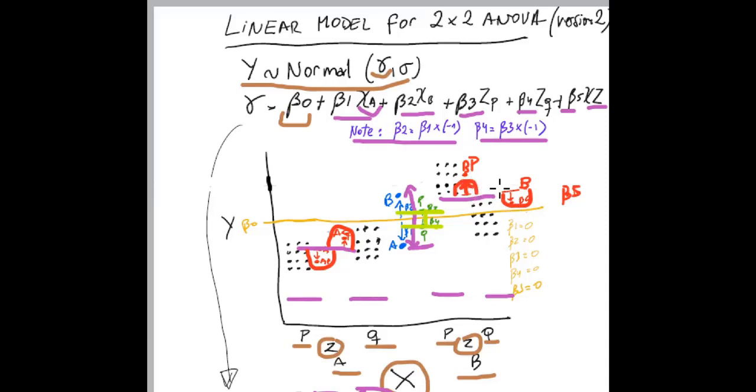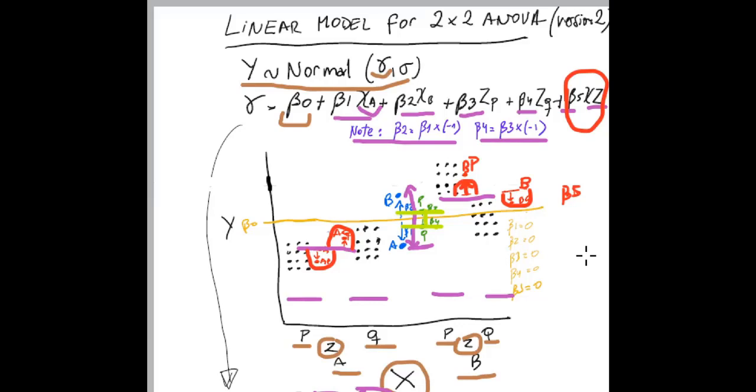And the length of these arrows is the same, so the distance is the same, and it is the opposite. So the direction. So if there is a decrease in P here, there is an increase in P in B. If there is an increase in Q here, there is a decrease in Q over there. And that's the way we operationalize the interaction between the two variables.